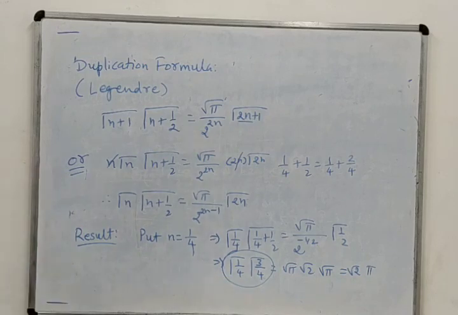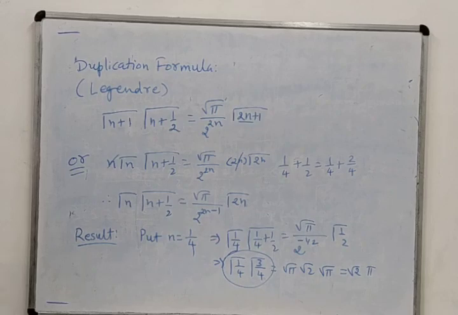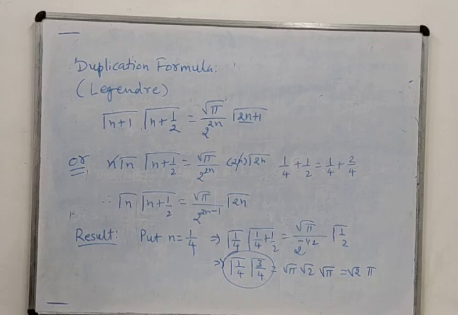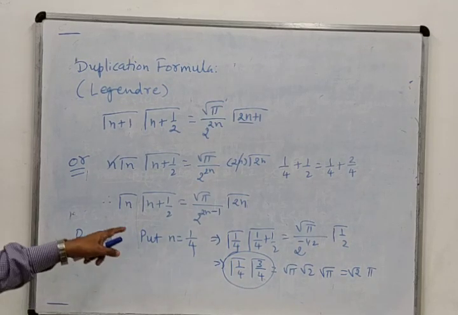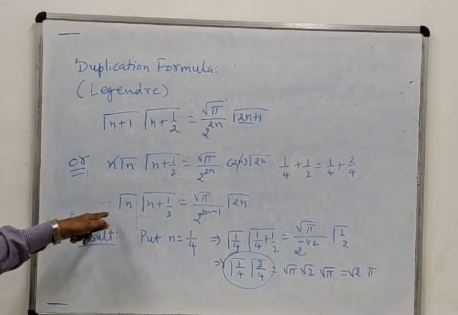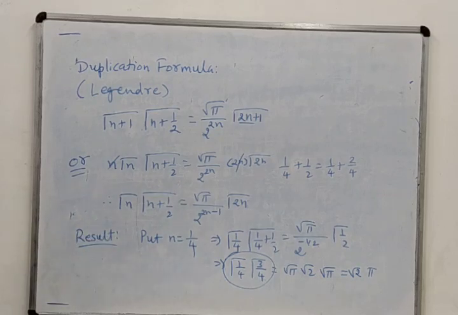So whenever we are getting gamma 1 by 4 into gamma 3 by 4, then we will have to put its value root 2 into pi simply. Okay. So here again you can remember this value, and this is derived from the duplication formula. So you note down this.